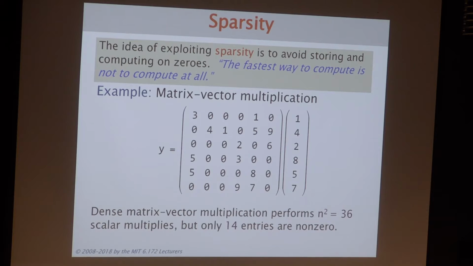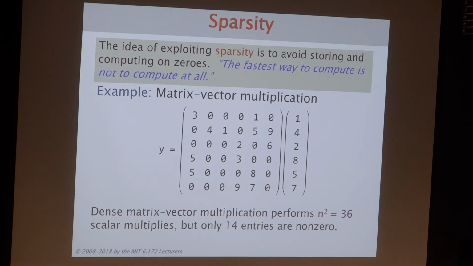So let's look at an example. This is matrix vector multiplication. So we want to multiply an n by n matrix by an n by 1 vector. We can do dense matrix vector multiplication by just doing a dot product of each row in the matrix with the column vector. And then that will give us the output vector.